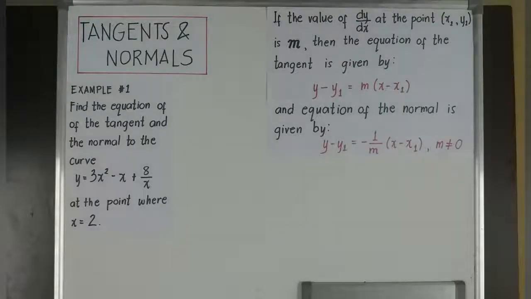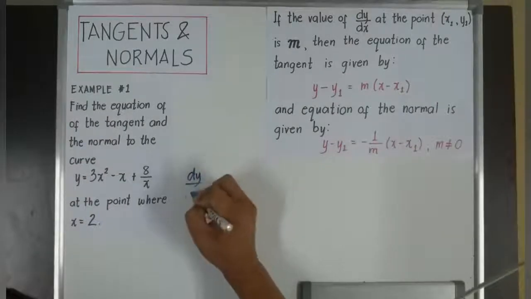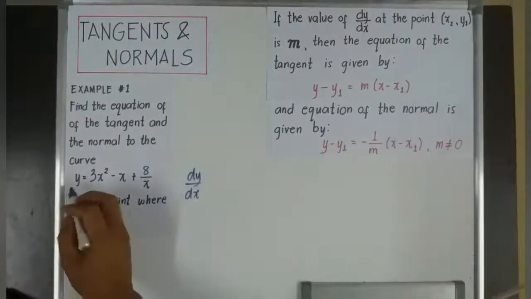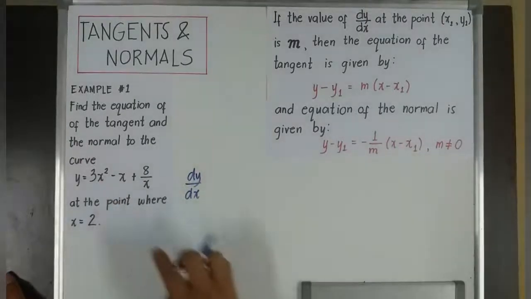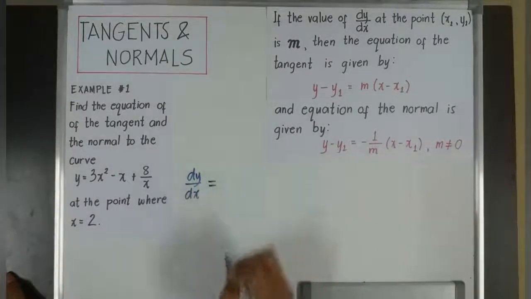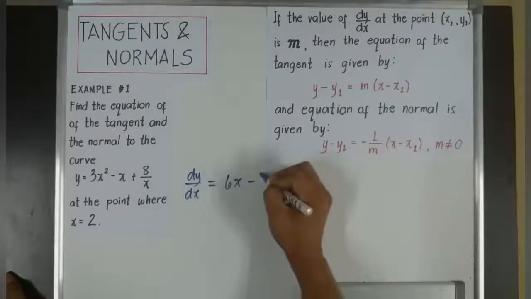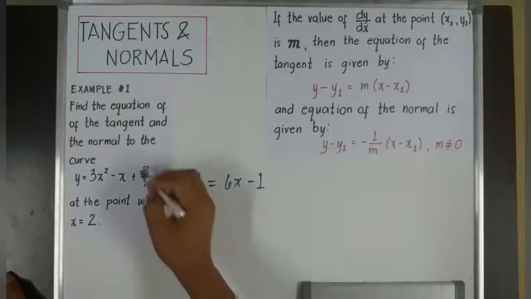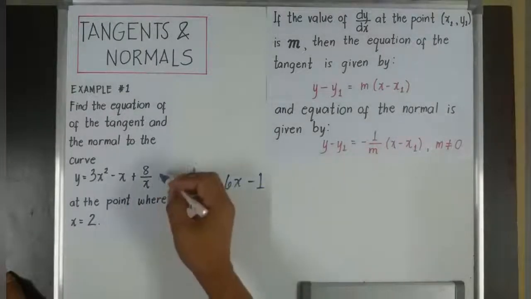How to look for the gradient of the tangent? You first get the dy over dx of the curve. And the curve is 3x squared minus x plus 8 over x. So what is the derivative of that? It will become 6x minus 1. 8 divided by x is 8 times x to the power of negative 1.